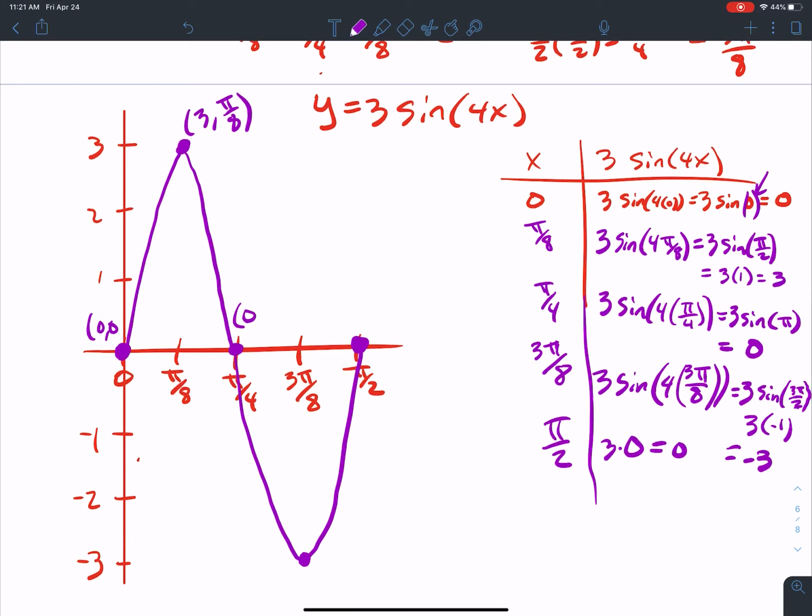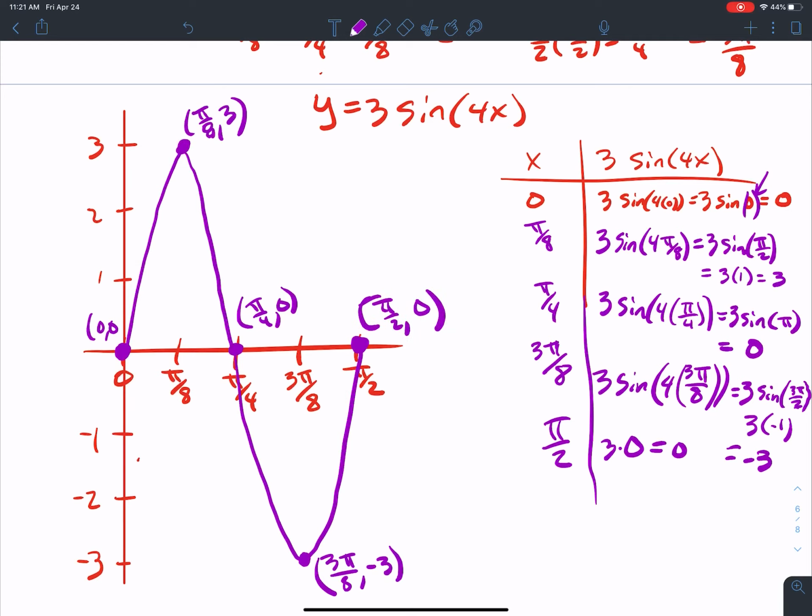Let me erase that. So pi over 8 comma 3. And then here is pi over 4 comma 0. Down here is 3 pi over 8 comma negative 3. And here's pi over 2 comma 0.